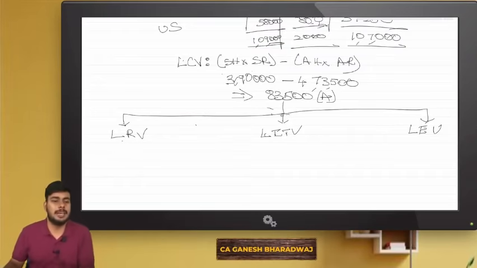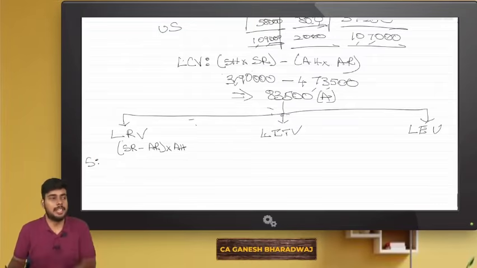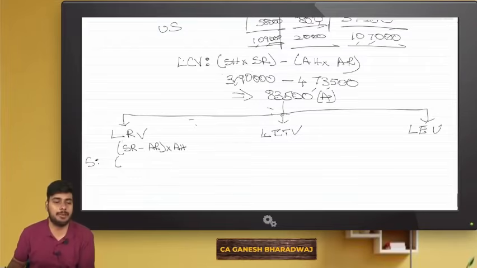So yes, labor rate variance formula: standard rate minus actual rate into actual hours. First, skilled. Go to the top box, skilled, standard rate 6 minus actual rate 7 into actual hours.